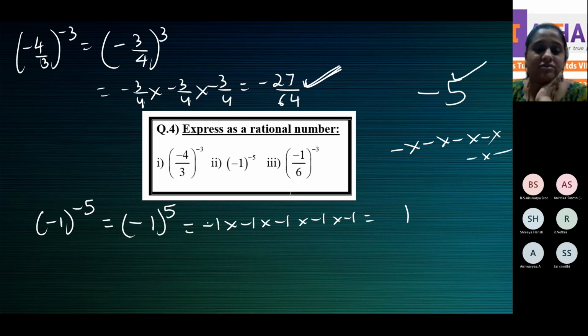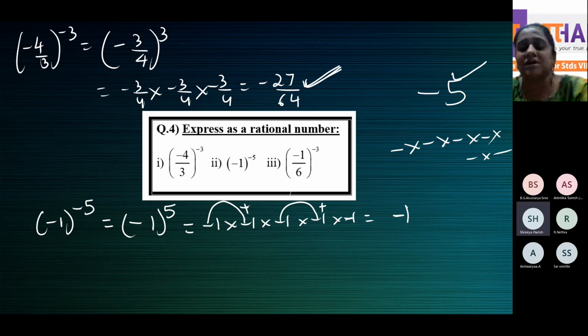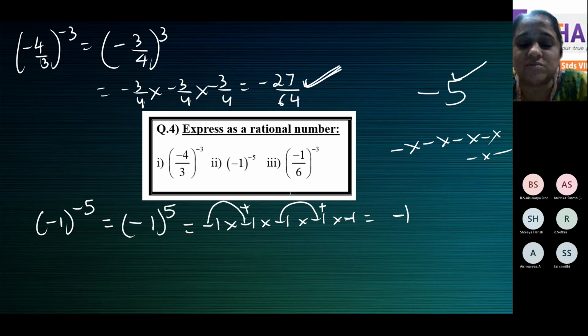What's minus into minus? Plus. Plus into plus is plus, and plus into minus is minus. So minus taken an odd number of times, minus 1 is the answer, ma'am. So it's minus 1.